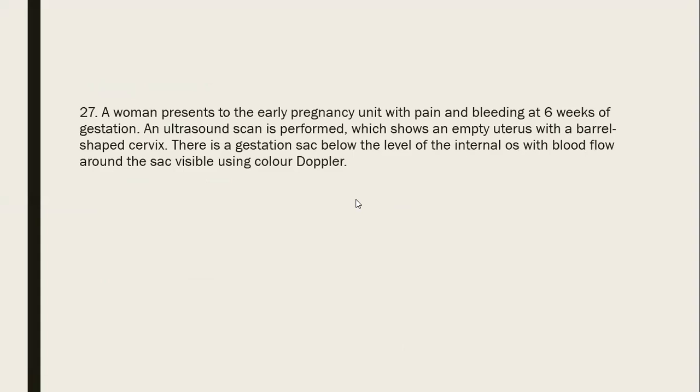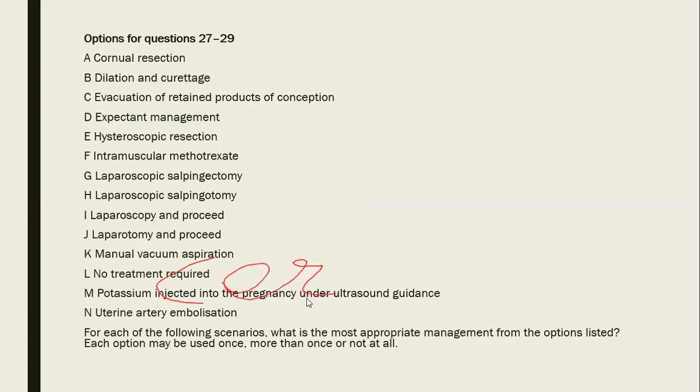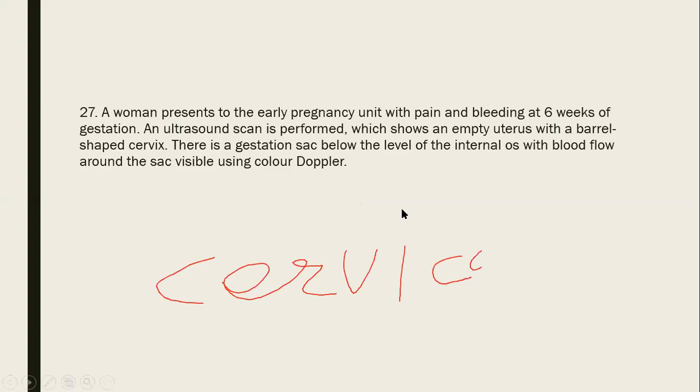A woman presents to the early pregnancy unit with pain and bleeding at 6 weeks of gestation. Ultrasound scan shows an empty uterus and a barrel-shaped cervix. There is a gestational sac below the level of the internal os, with blood flow around the sac using Doppler. He wants the most appropriate management. This is cervical ectopic management. Methotrexate, medical management.